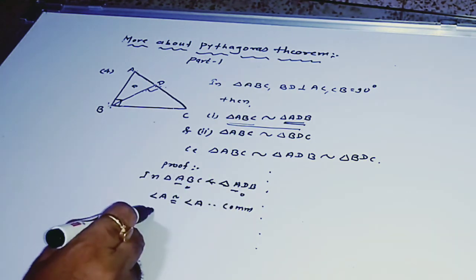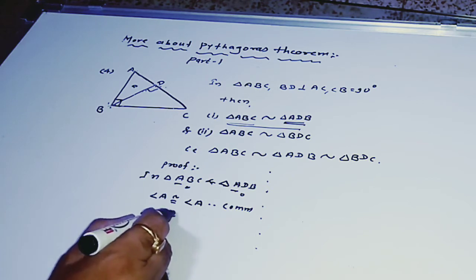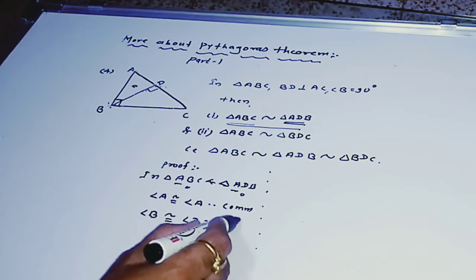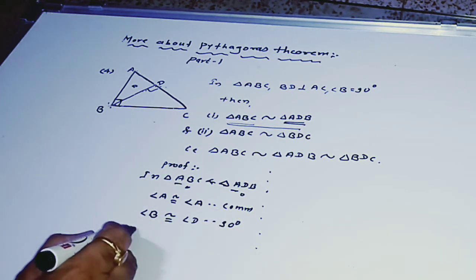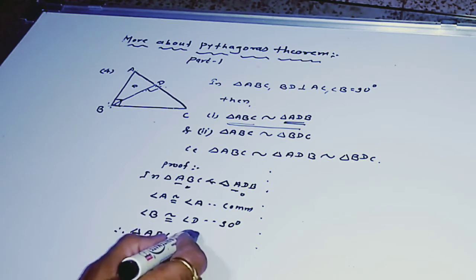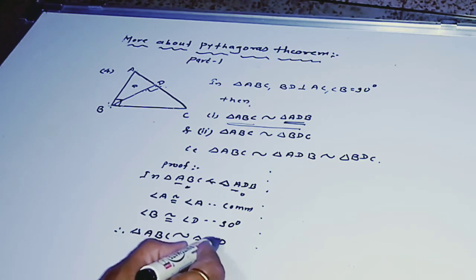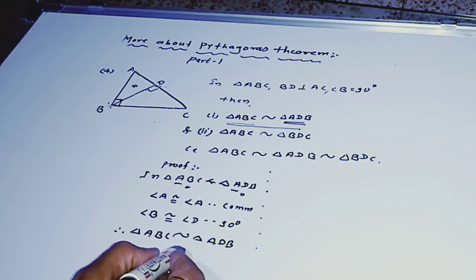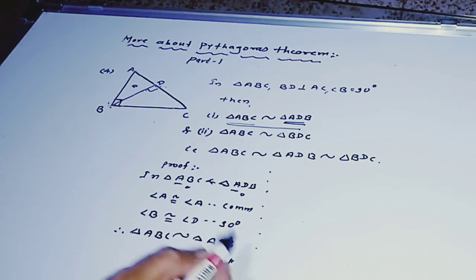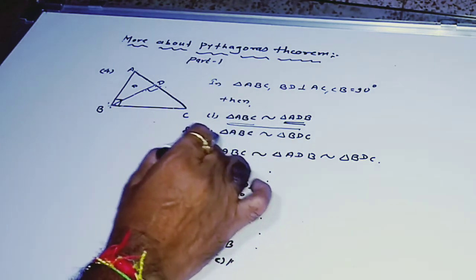Angle B is congruent to angle D, each 90 degrees. Hence triangle ABC is similar to triangle ADB by the AAA test.